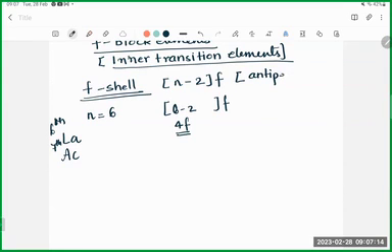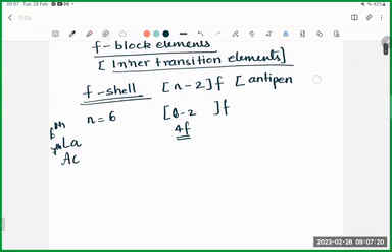Anti-penultimate shell. So the electron enters into the n minus 2 f subshell, called the anti-penultimate subshell, and since electrons are entering into the F shell, we call them F shell or F block orbitals.